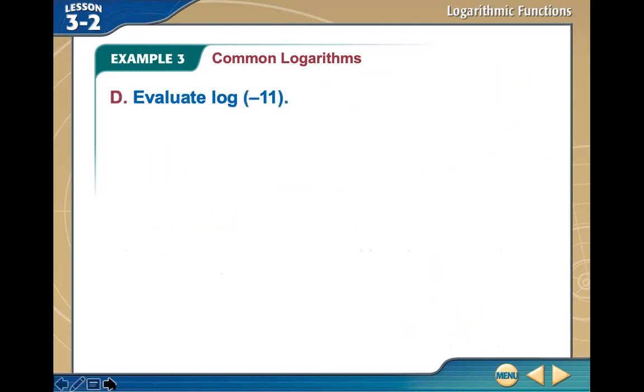Okay, let's see now. Logarithm of negative 11. Oh my God. What is the answer? Do you have any idea? Math error. Yes, we said that x must be greater than 0. We said that there is no logarithm for negative numbers.